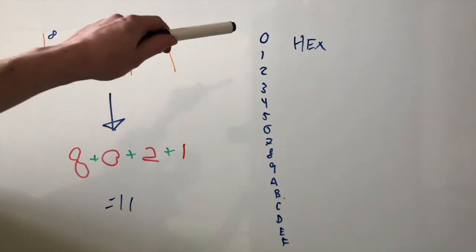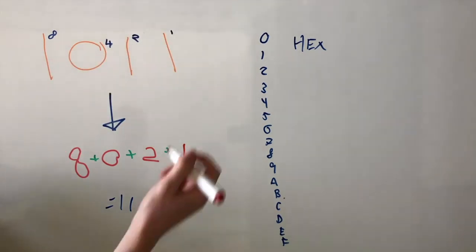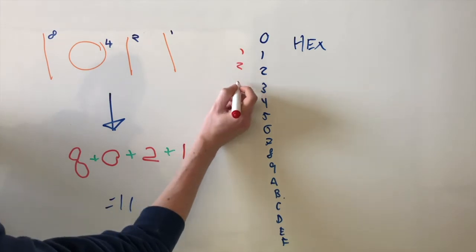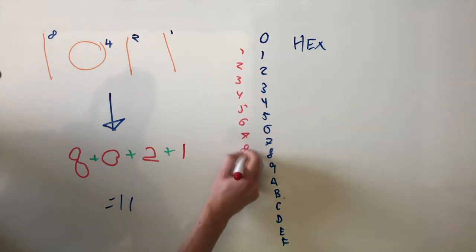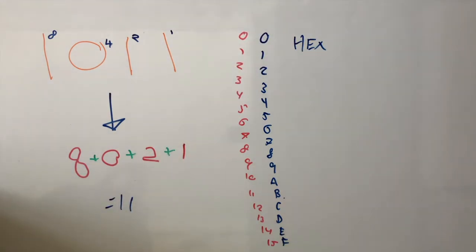So, I go, how many digits would this normally be? Well, normally we start counting from 1. Okay, so this is our normal counting system. You can see that I go from 0, 1, 2, 3, 4, 5, 6, 7, 8, 9.